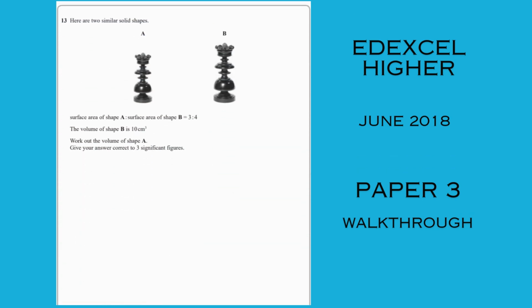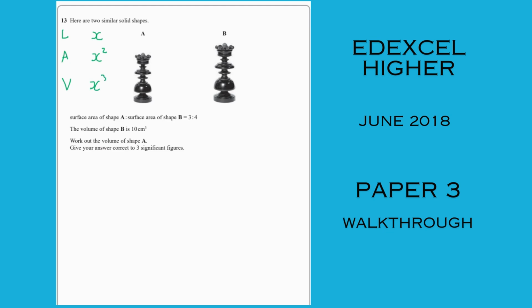On we go. So all this revolves around knowledge about area scale factors, linear scale factors, and volume scale factors. Don't forget, if you double something's length and width, you actually quadruple its area, and you multiply its volume by eight.